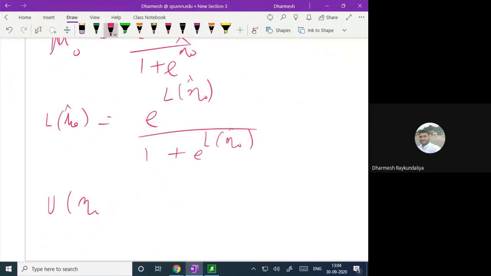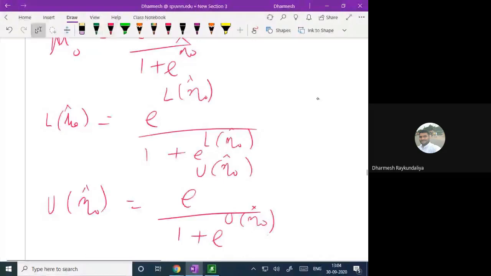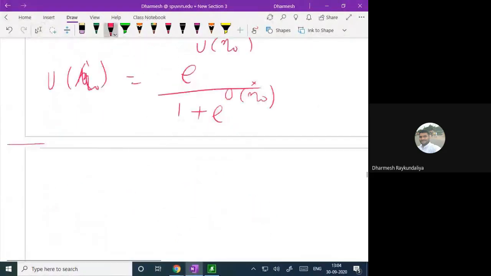And the upper limit is e raised to the upper bound of eta 0 cap divided by 1 plus e raised to the upper bound of eta 0 cap. That is giving the upper limit of probability. So this is all we obtain.